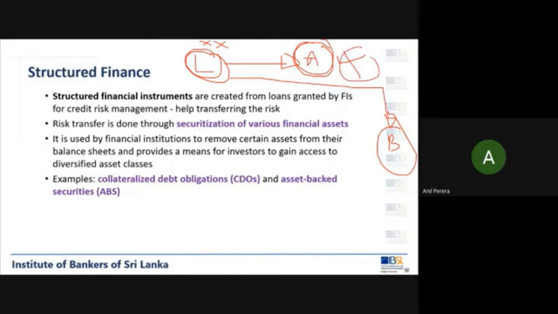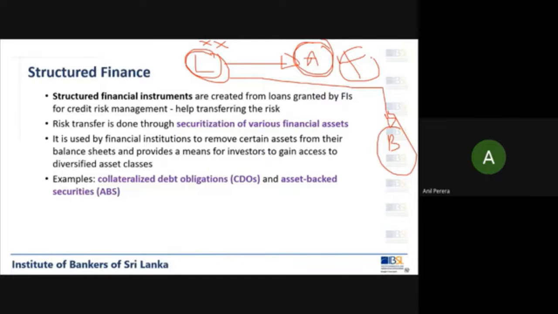So if there is a risk that the borrower would not pay, essentially you transfer that asset to this securitization mechanism. There are some examples like CDOs, collateralized debt obligations. It's a structured product.